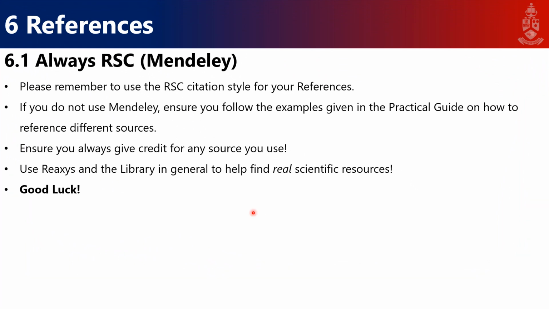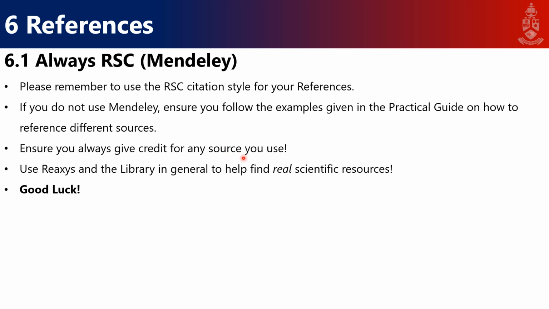Finally, in your reference section, we've covered how to reference using Mendeley and the RSC method, the Royal Society of Chemistry's citation style. Please remember to use that citation style. If you are not using Mendeley, then remember to follow the examples given in your prac guide on how to reference different sources. Of course, remember to give credit where you found anything.